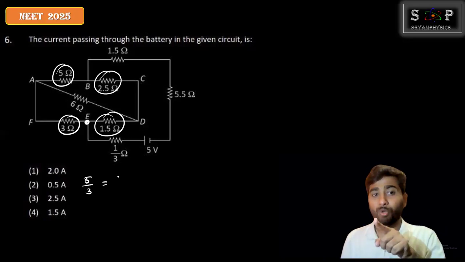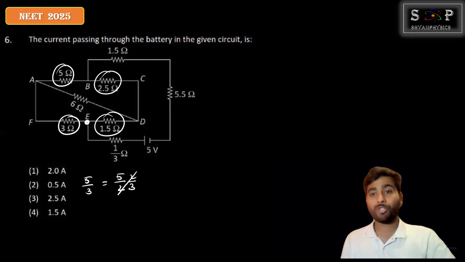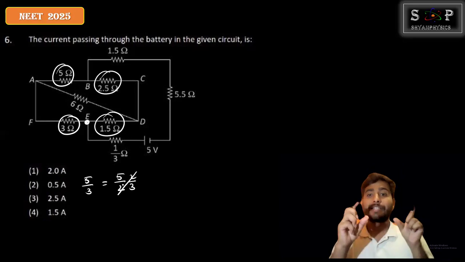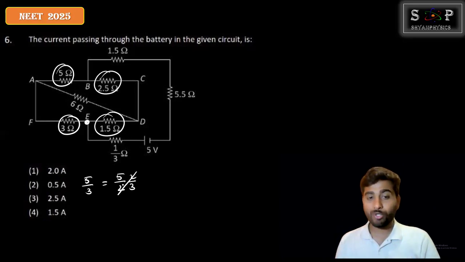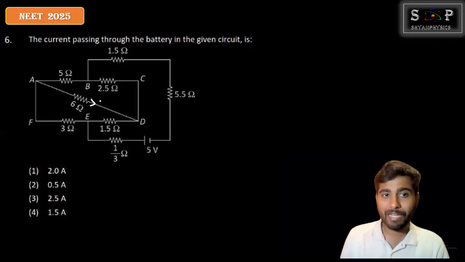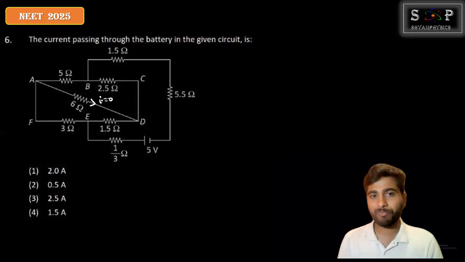On the right-hand side, 2.5 can be written as 5 by 2 and 1.5 can be written as 3 by 2, so that is 5 by 3. So I can say both sides are balanced, so in this middle branch no current will flow.